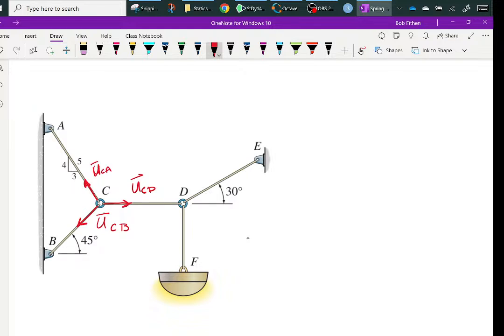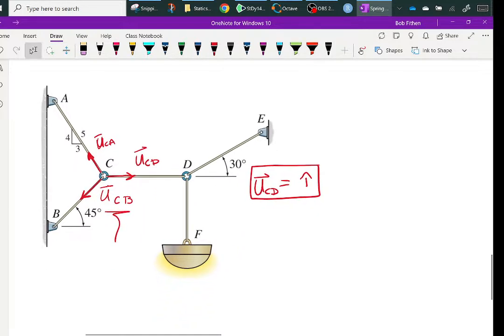So what I'm going to do is list those three out. The UCD, that's the easiest. It's just equal to i. It points straight to the right, not a big problem. This one, UCB, pretty easy too.